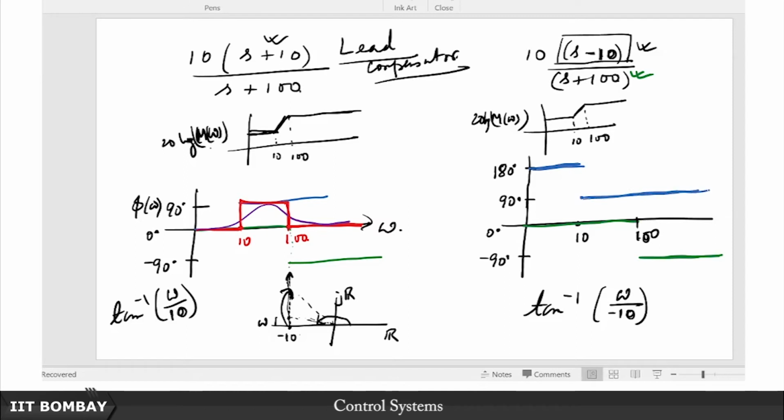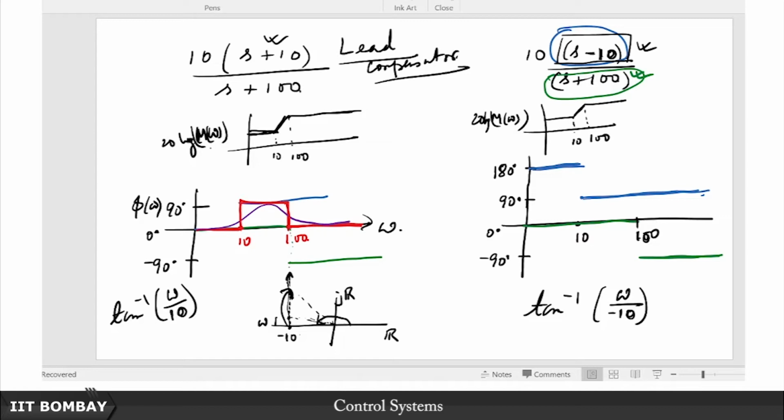So this is my blue factor here and this is my green factor here. In some sense, and this insight is very important, what I am now going to say: a normal 0 in the left half plane would cause a phase increase.